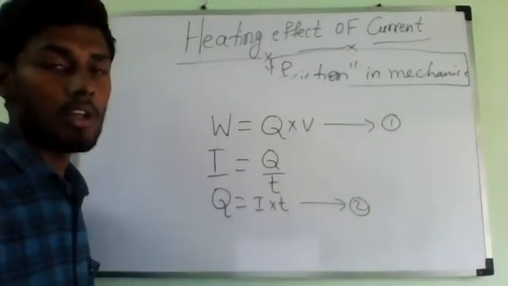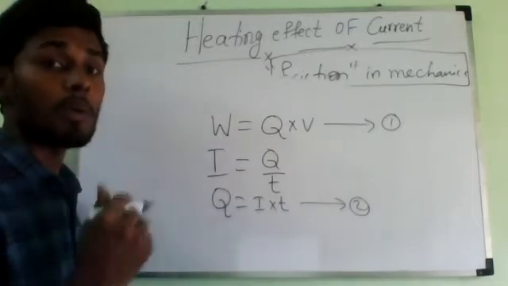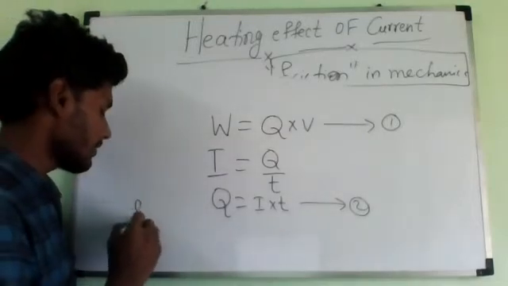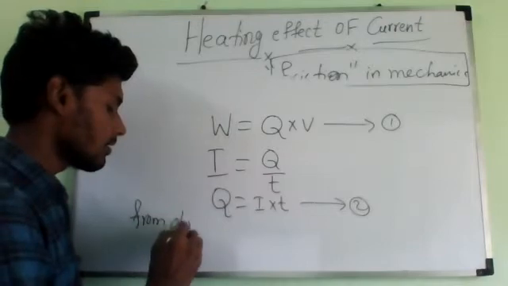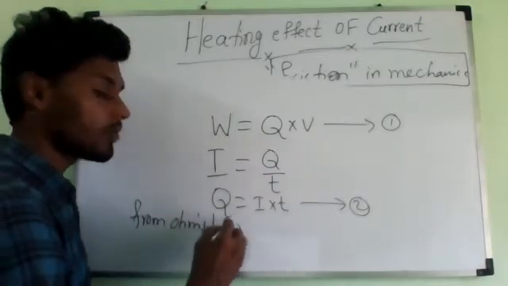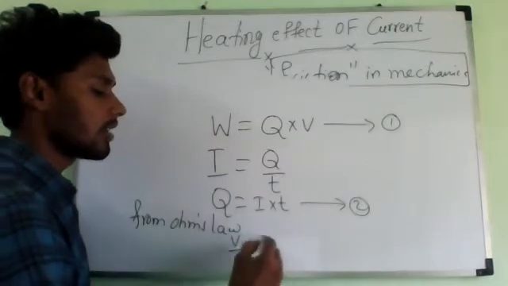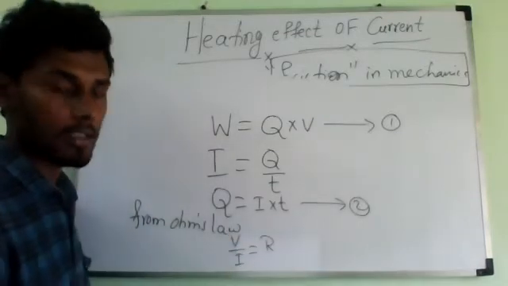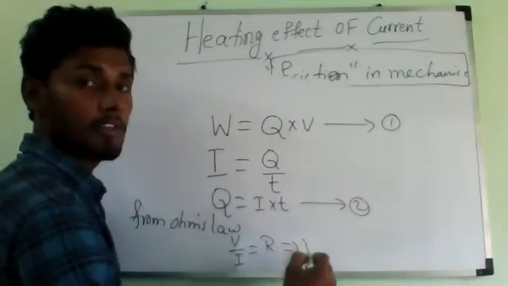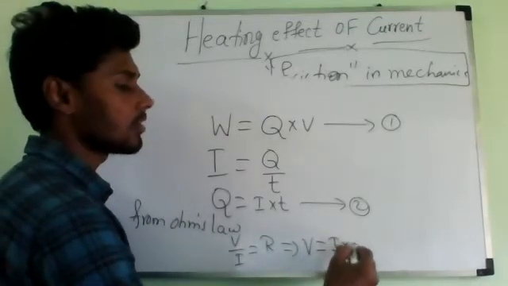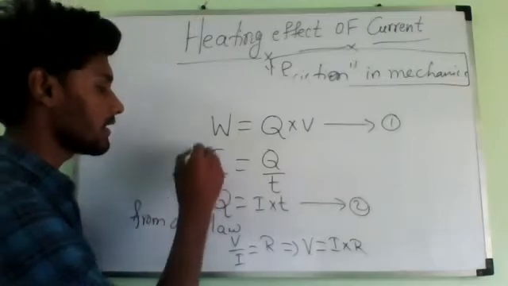Understand? Also, from Ohm's law, we know that V by I equals R. Is it correct or not? Yes. So from this I can take V equals I into R. Why are we taking these two, sir?